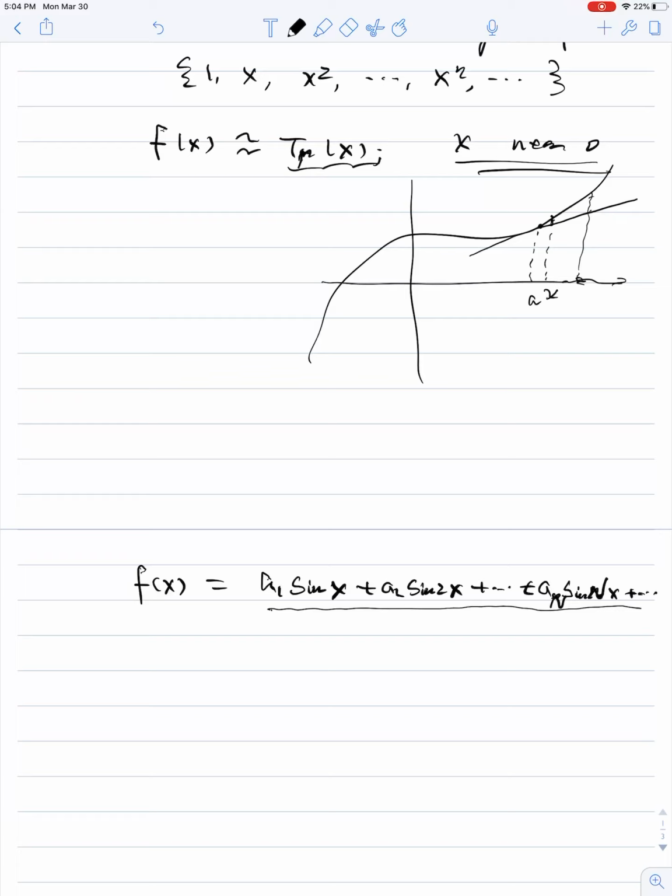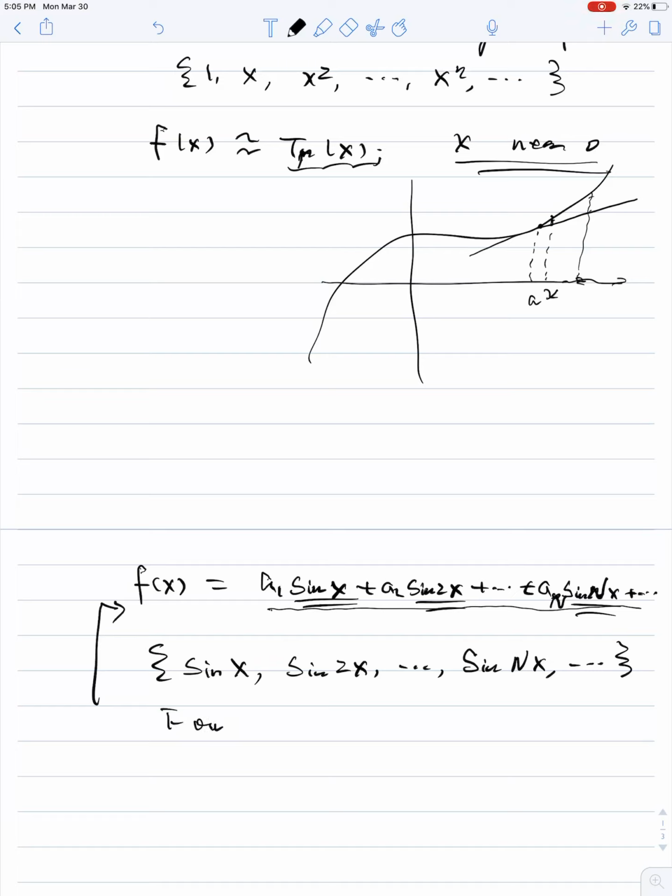Now in this case, the basic elements here are those trig functions. So in our system, we express every function as an infinite linear combination, an infinite sum of these functions. This kind of expansion is what we call a Fourier expansion, or Fourier series expansion.